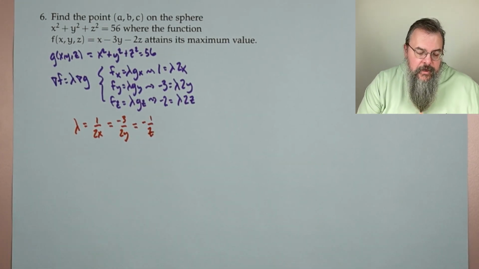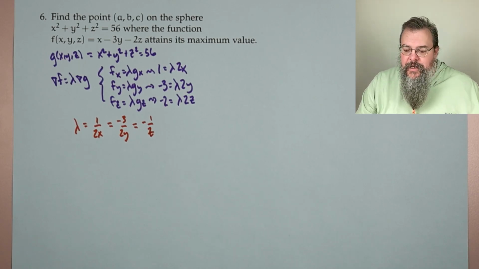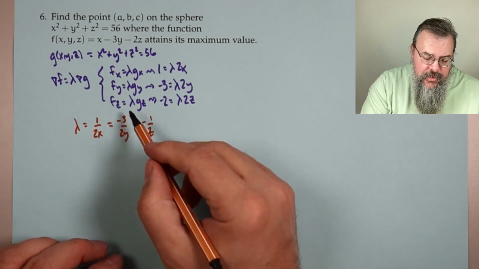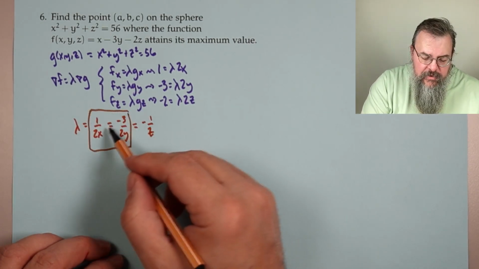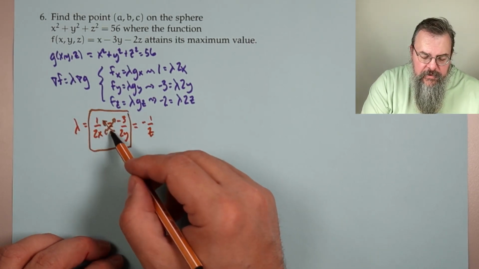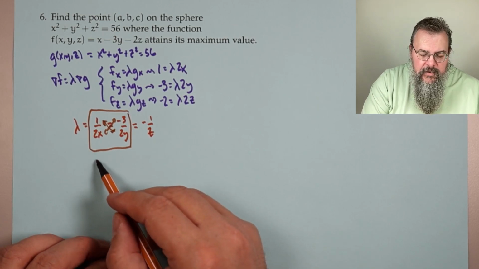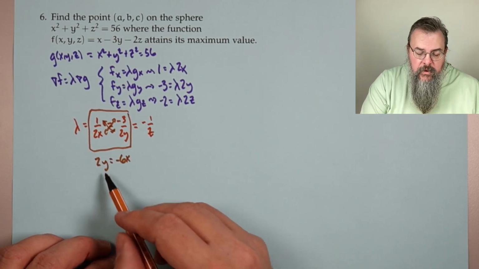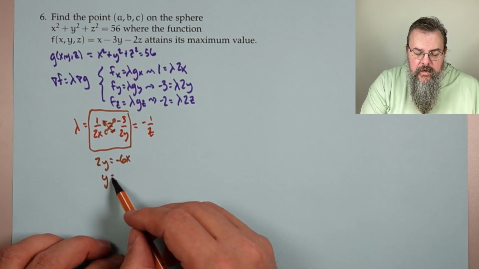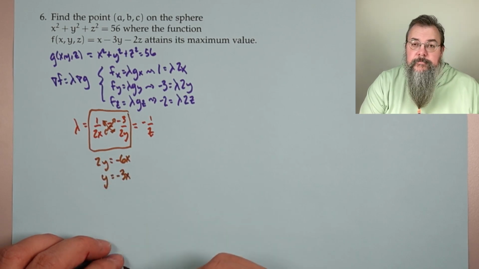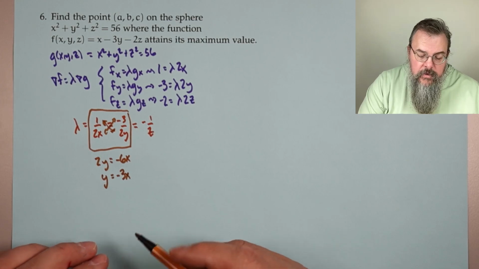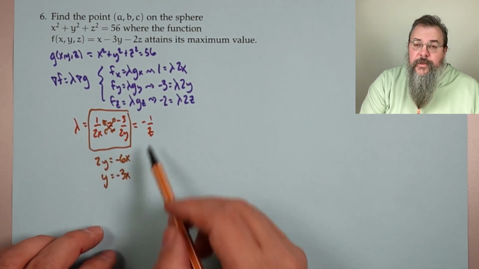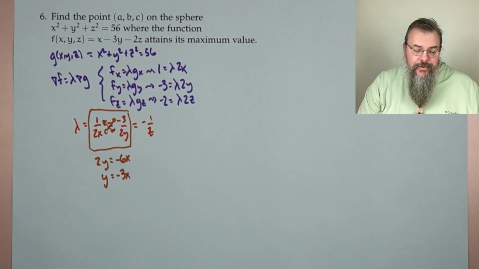Okay, well, let's see what this is telling us. We can, for instance, take the first two equations and cross multiply to get rid of our fractions. And we get that 2y is equal to minus 6x, or if you like, y is negative 3x. All right, good. Progress, right? Now, what if we take the first and the third equations and compare those two?